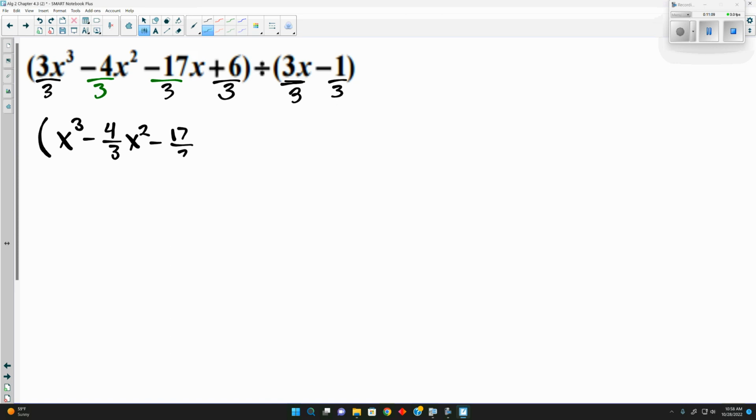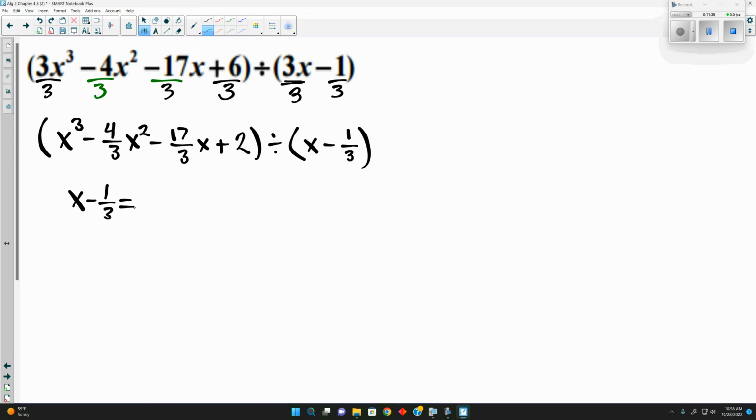No, so we'll leave it as 17/3 x plus 2. Divided by, well, 3x divided by 3 is going to be x minus 1/3. So whenever that number in front of x, or that biggest term, is not 1, we've got to divide everything by that number.